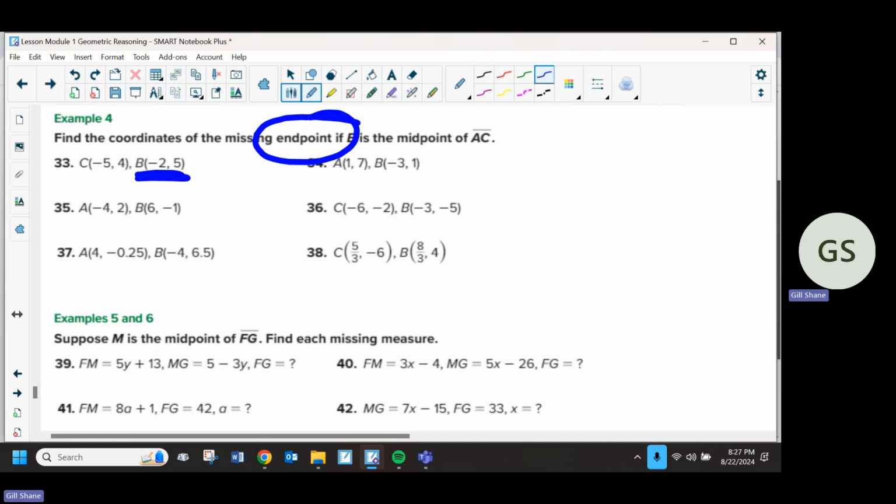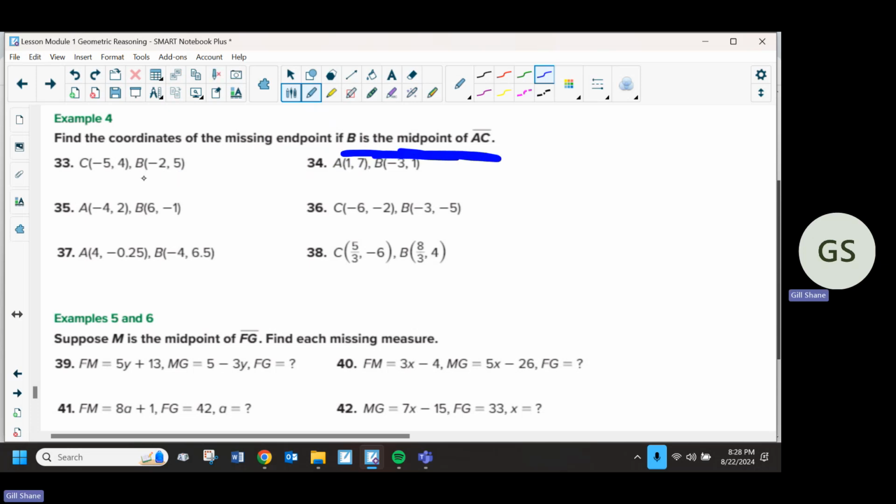I'll do it the other way. If B is the midpoint, I really need to, but I'm not going to put it in this video. I'm already running way long. At some point I do need to do that though, so if you want to remind me in class, I need to do a video where you find the end point if they give you the midpoint.